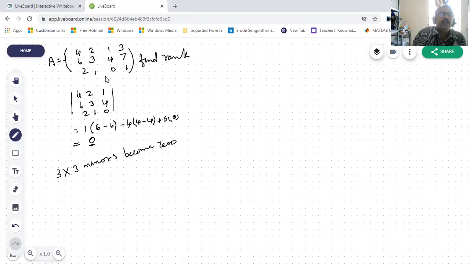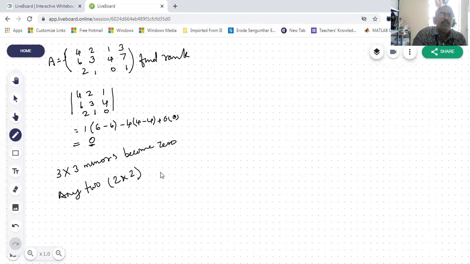So we have to check for any 2 by 2 minor. For example, this one: 6 minus 6, 0, 4 minus 0, so this one is not equal to 0.